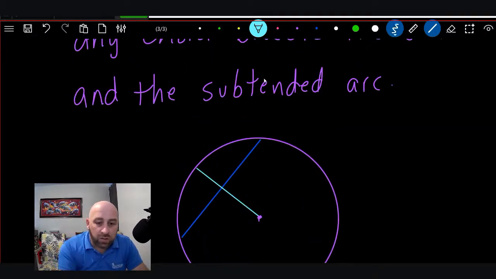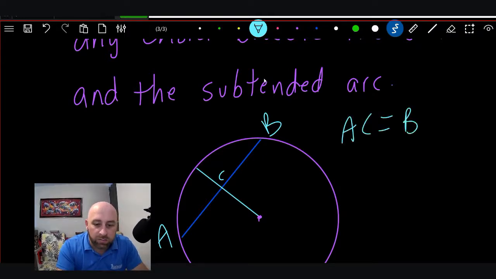So we can know for sure that chord AB, and we'll call this point C, is bisected. So we know that AC equals BC. We know that because this theorem tells us that.